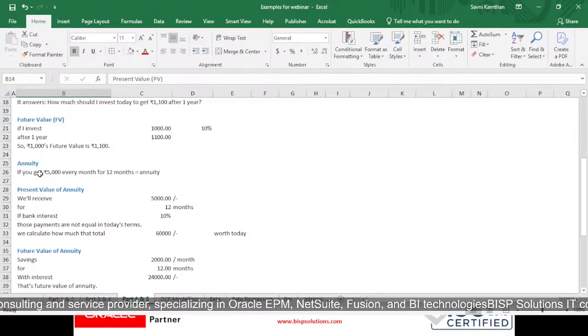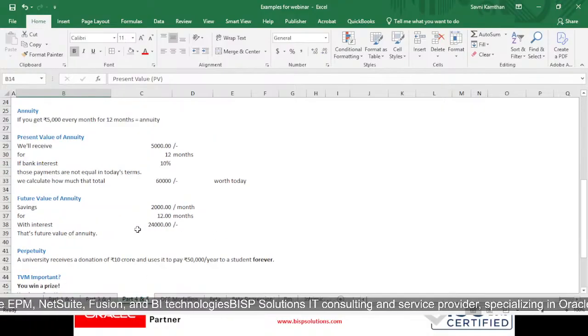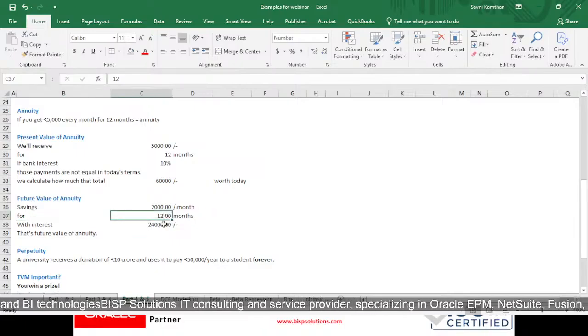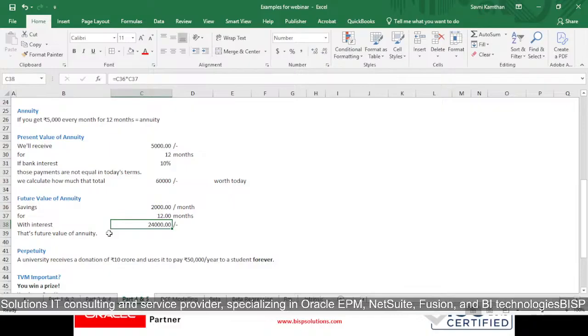If my bank interest is 10%, those payments are not equal in today's terms, so we calculate how much that total is worth today. It will be around 60,000 rupees today. And for future value of annuity, if we save around 2000 rupees per month for 12 months, we will get 24,000 with interest. That is what future value of annuity means.